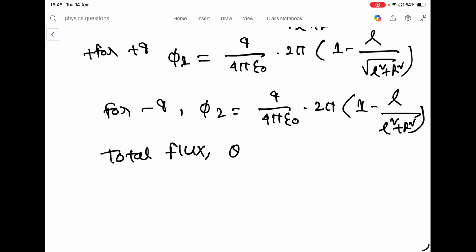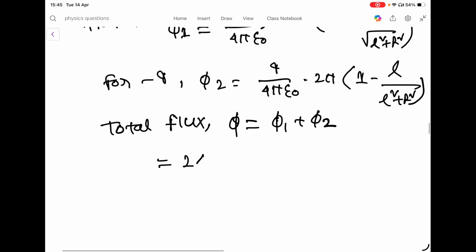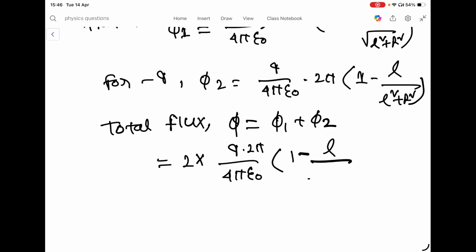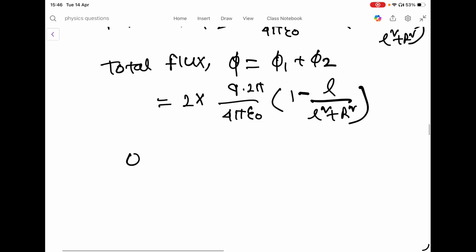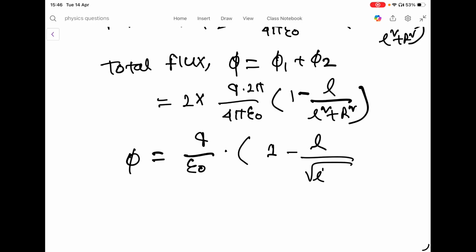Total flux phi will be phi 1 plus phi 2. So it will become 2 into q by 4 pi epsilon naught into 2 pi multiplied by 1 minus L by root under L square plus R square, right? So phi equal to q by epsilon naught into 1 minus L by root under L square plus R square.